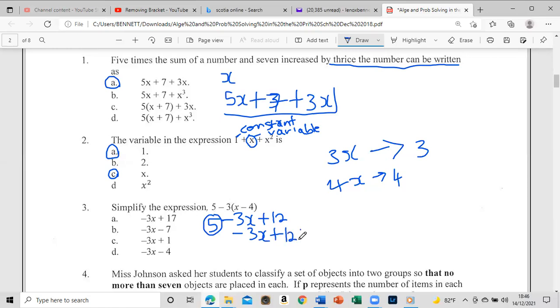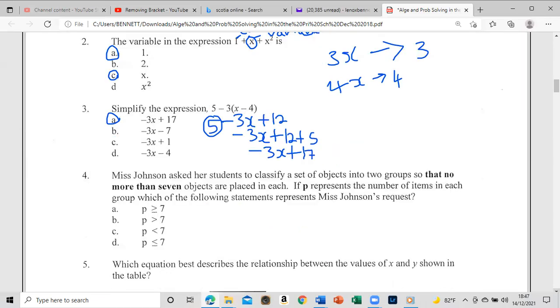So the answer will be negative 3x, 12 plus 5 is 17. So yeah, the answer is A. It can be tricky, you know. Just pay attention to the sign.